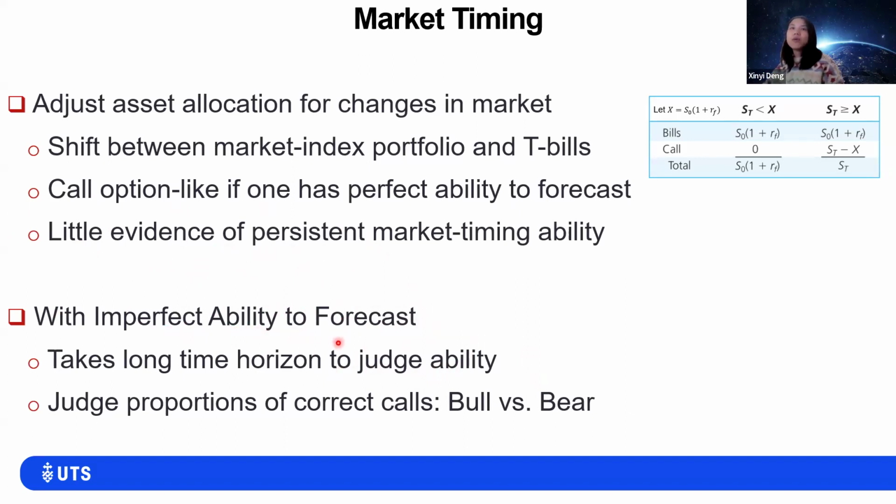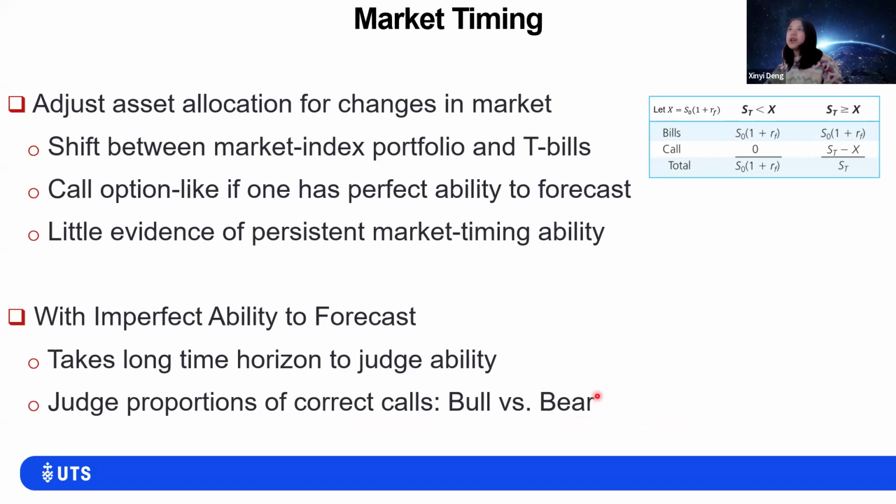So under this scenario, of course, again, we are faced with a call option, but right now it's not only the value of the call option, it's actually a function of the value of the call option and also the proportions of correct judgment on the bull markets and correct judgment on bear markets.